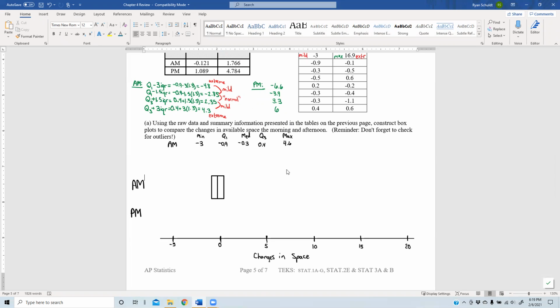Okay, so there's that part of the box. There's our box actually in there.